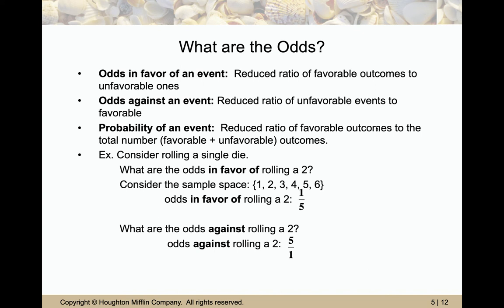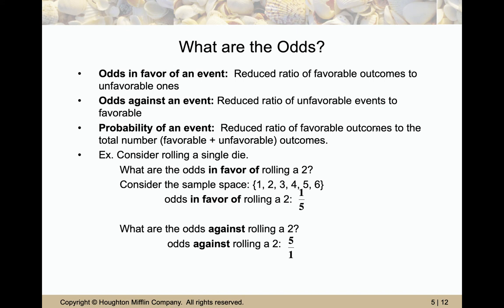So consider rolling a die. What are the odds in favor of rolling a 2? So we look at our sample space. There's one way to get a 2. There's 5 ways to not get a 2. So it's 1 to 5. Now, remember, the probability of rolling a 2 is 1 out of 6. That's because for probability, that 6 comes from the total number of outcomes.